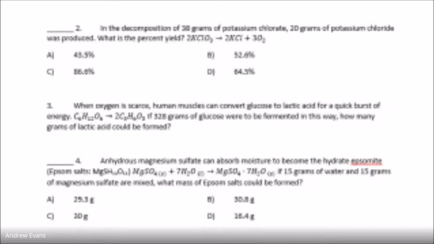I'm going to go ahead and show the math, but note that if 100% of this is being converted to lactic acid without any new masses being introduced, the answer right there is obviously 328. There's a reason I didn't give you a multiple choice: 328 grams of our starting material would be converted into 328 grams of lactic acid.